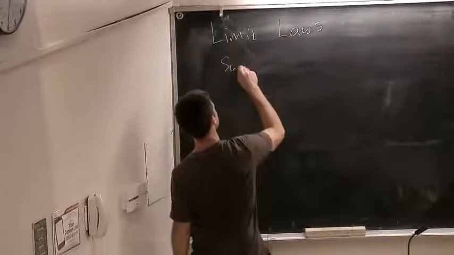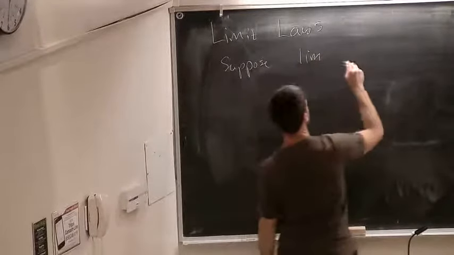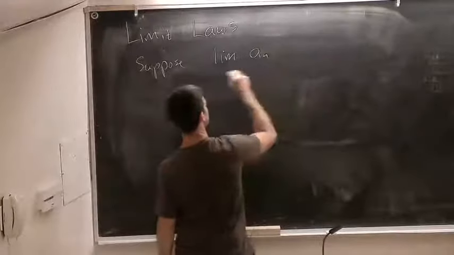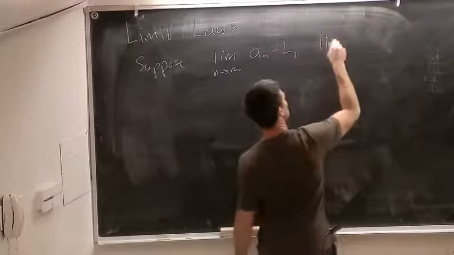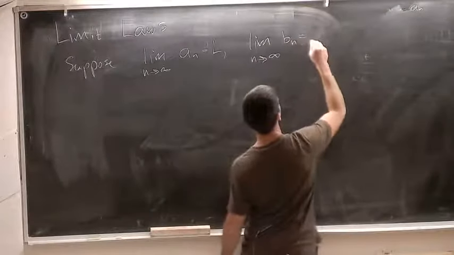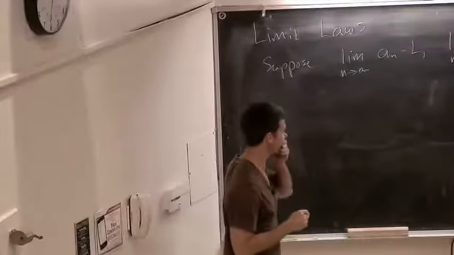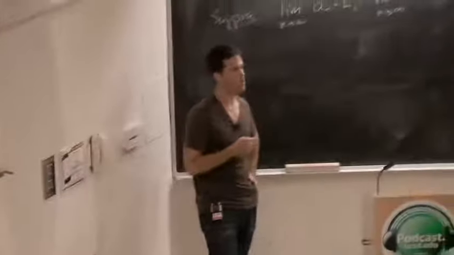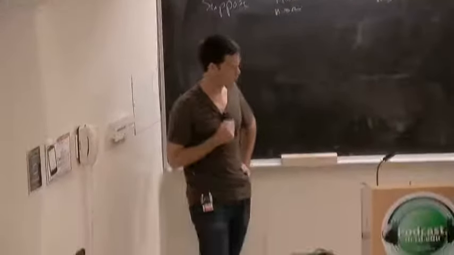So let's suppose that we have two sequences, a_n converging to L, and some other sequence of numbers, b_n, converging to, say, M. Then we might be asking ourselves, what about the sum?